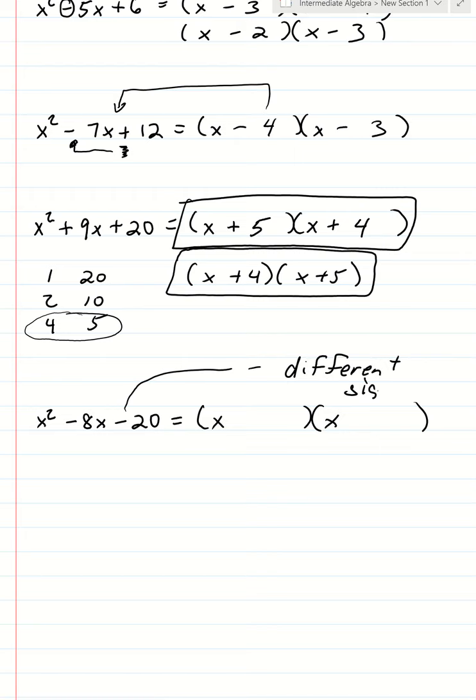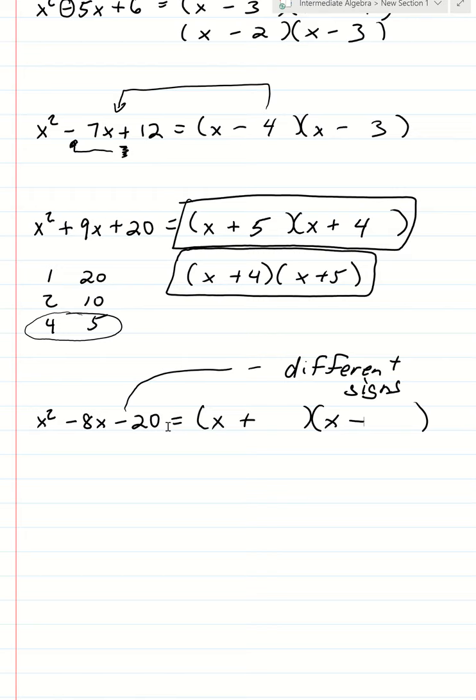One will be positive and the other will be negative. Because if you think about it, the only way to get a negative product is if the numbers are different signs. One has to be positive and one has to be negative, because we know that a positive times a negative will ultimately give you a negative number.